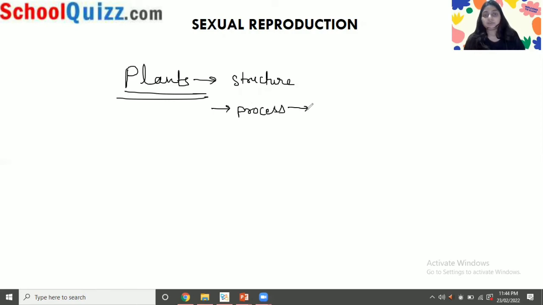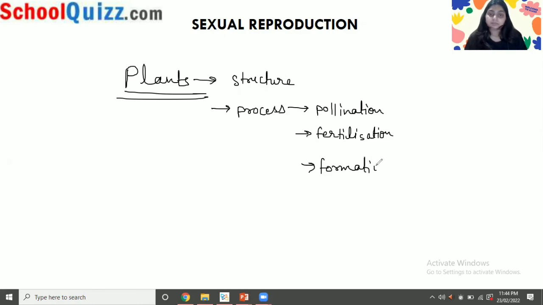In the process we have four steps: pollination, fertilization, formation of seed, and germination. These four processes we will discuss in detail, and today we will see the structure of the plant.